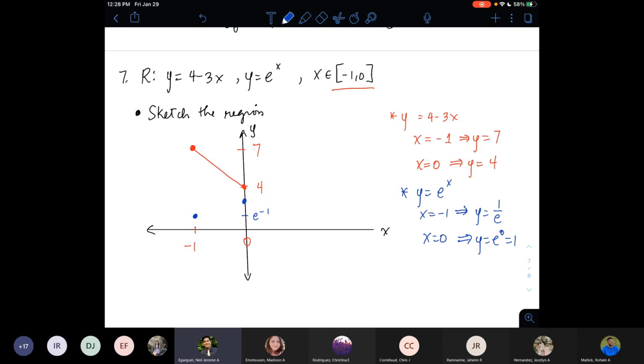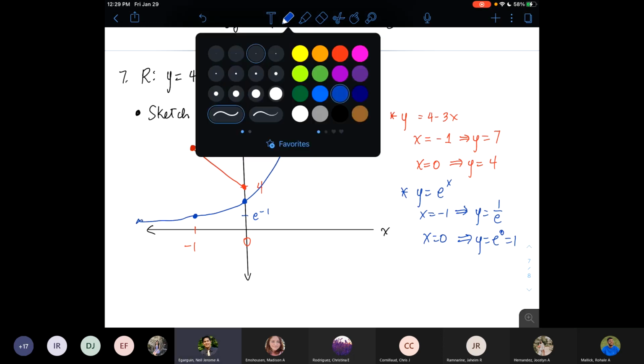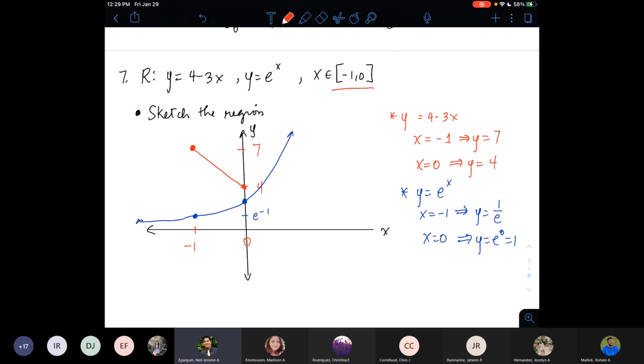So it's somewhere above that. And it's a curve, right? If you want to sketch the bigger picture, it looks like that. But remember, we were told to just find the area for x between -1 and 0. So that means the shaded region is just this one.